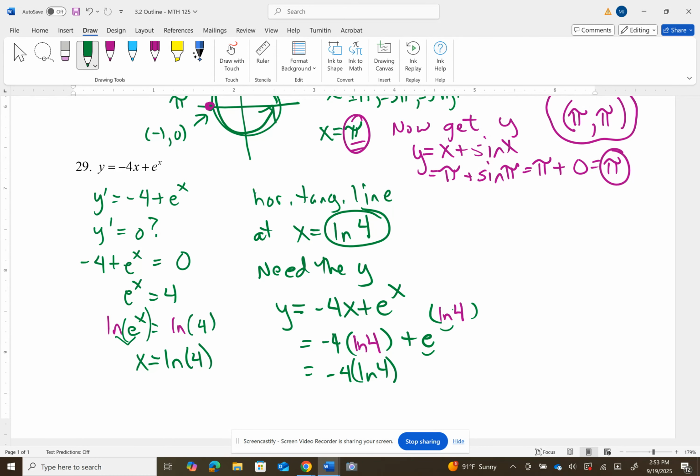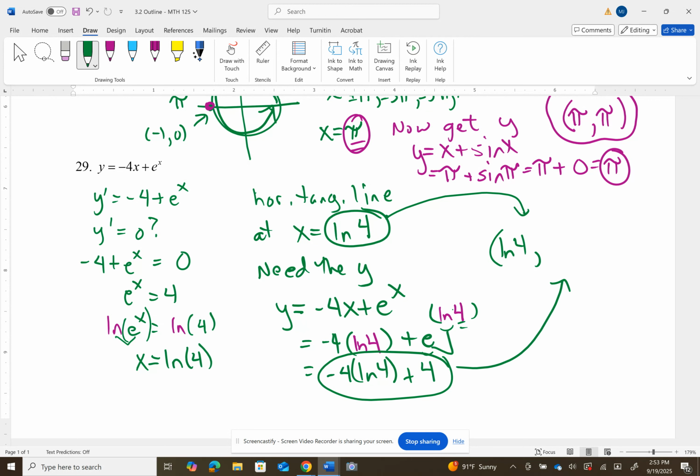E and ln are inverses, so you're going to get 4 out when you do that. And so you wind up with the point, that's the x coordinate, right? So that goes there, natural log of 4, and then the y coordinate is this, which is -4 natural log of 4 plus 4.